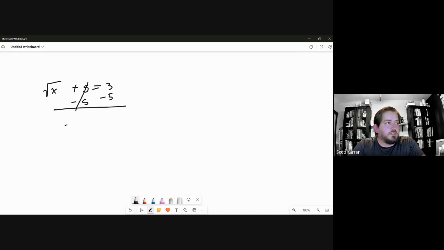The 5 cancels out and isolates the square root of x, and now it's equal to -2, right? And again, this is why we don't have to concern ourselves with whether or not my x could be positive or negative. This equation simply doesn't have a solution.